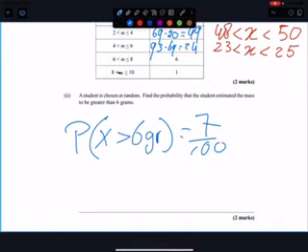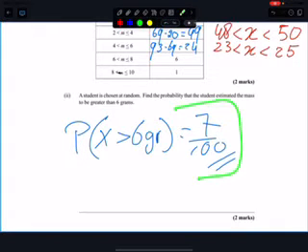This is fixed. As you notice, these two numbers are fixed. You cannot say, well, it's 5, it cannot be. Here, 7. So this is the probability. Do not forget, in the exam, do not write a fraction only.